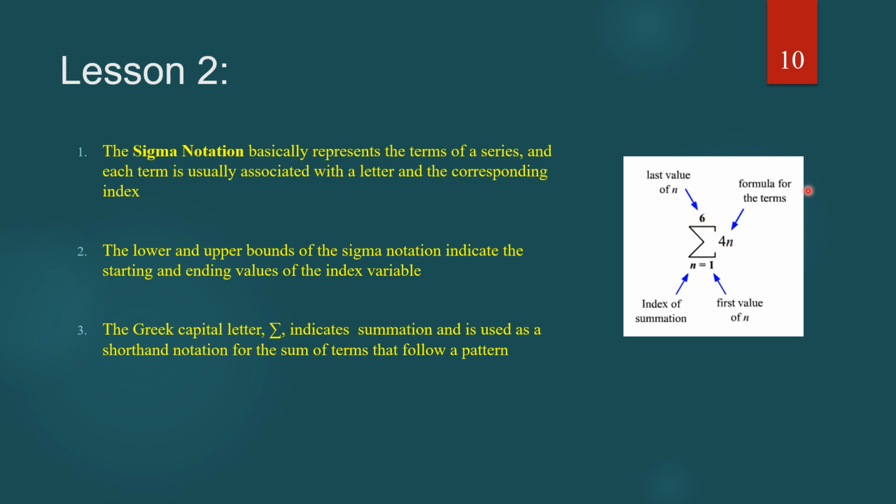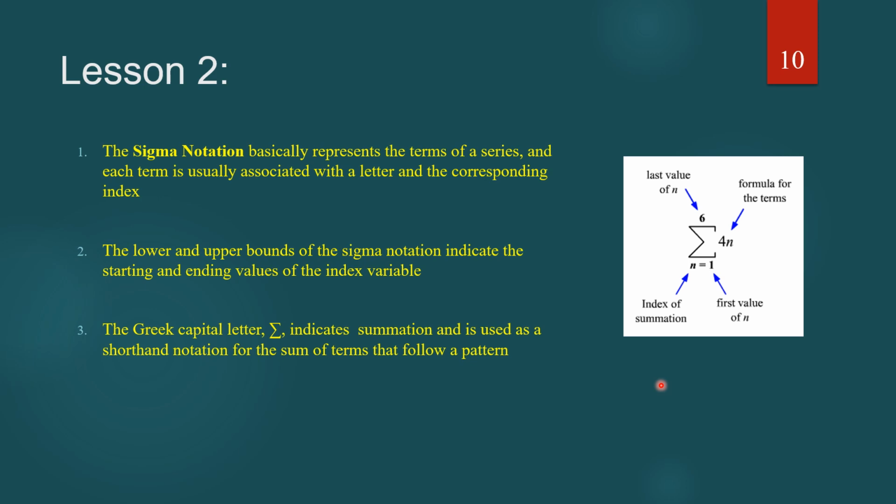The formula for the term is usually placed on the right hand side. Sigma is this notation here, and it means sum from this lower bound to the upper bound. We'll see what we mean by that as we go on.